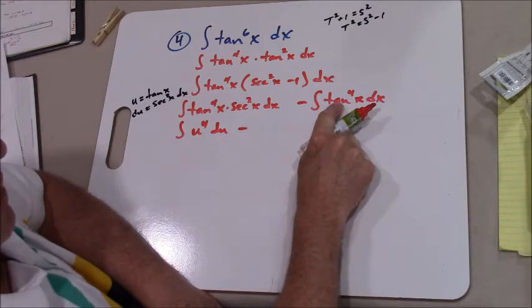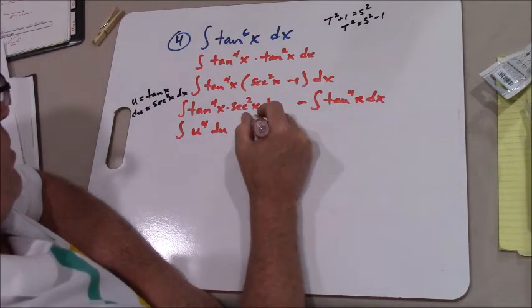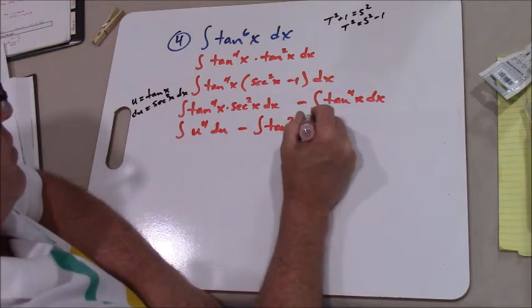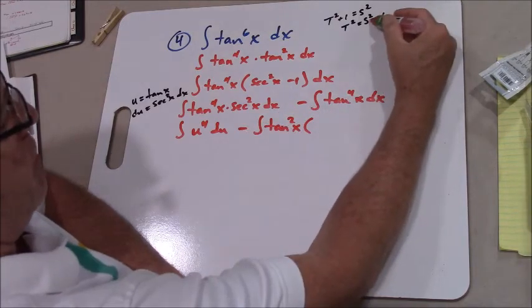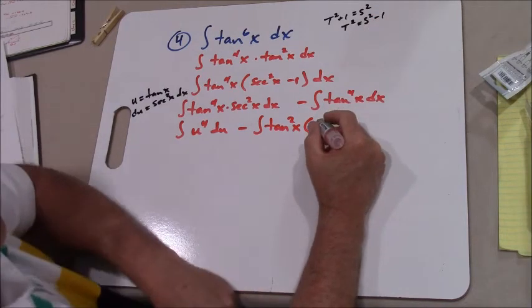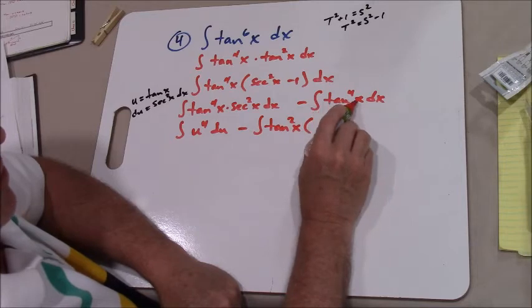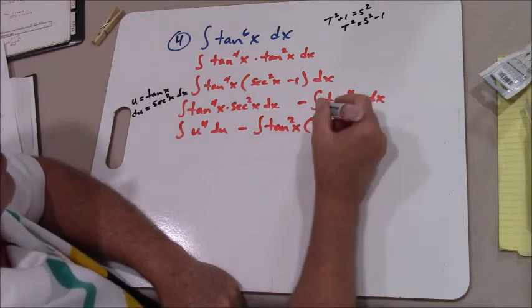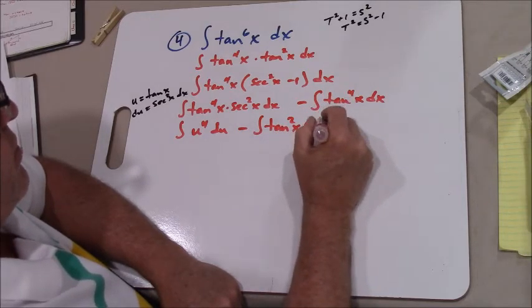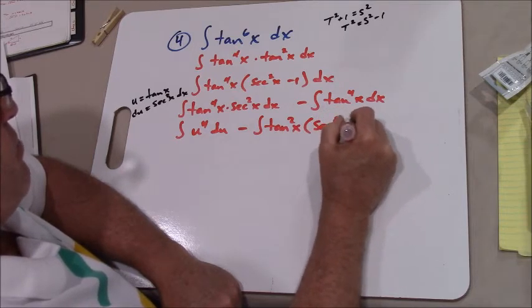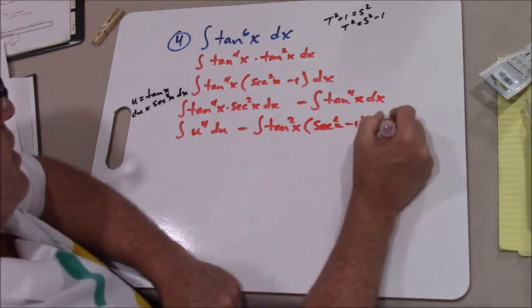so I guess I'll just do the same thing again. I'll think of this as a tangent squared times a tangent squared. So I've got the integral of tangent squared of x times, we're going to put this in place of the other tangent squared, right? If this is tangent squared times tangent squared, there's the first one. The second one we're going to convert. Secant squared of x minus 1 dx.